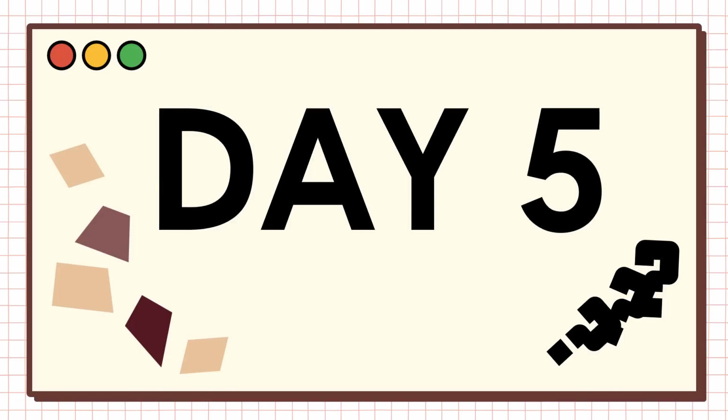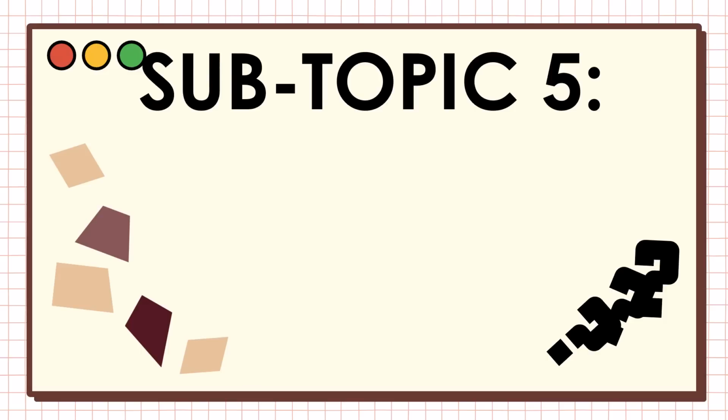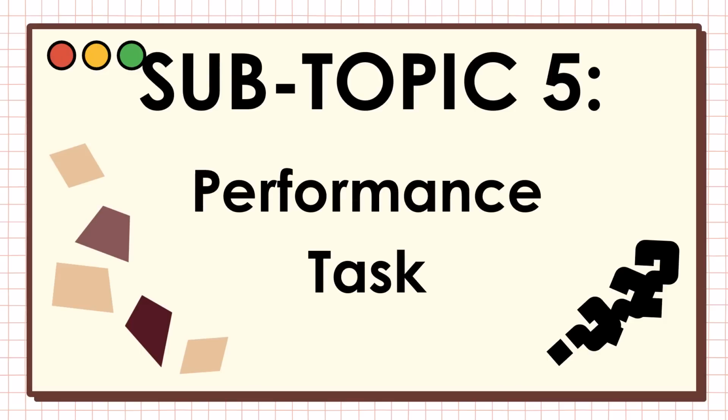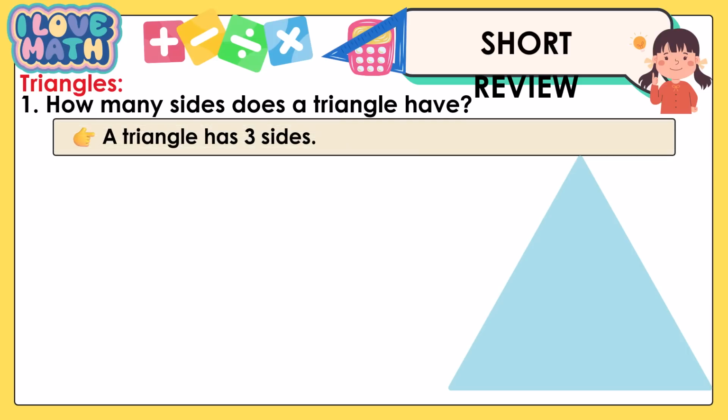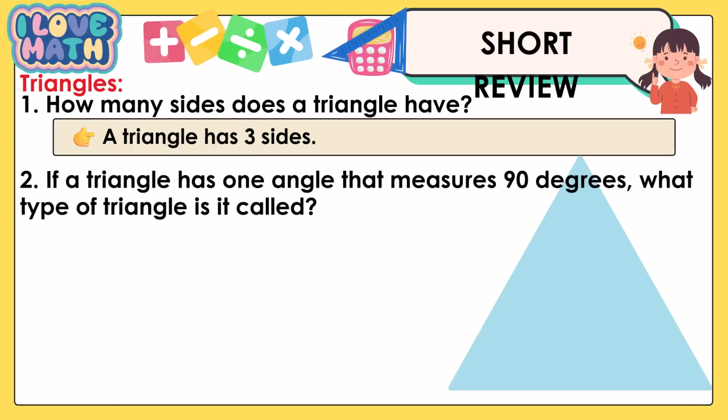Day 5. Performance task. Let's have another short review. Triangles. How many sides does a triangle have? The answer: a triangle has 3 sides. Number 2. If a triangle has one angle that measures 90 degrees, what type of triangle is it called?